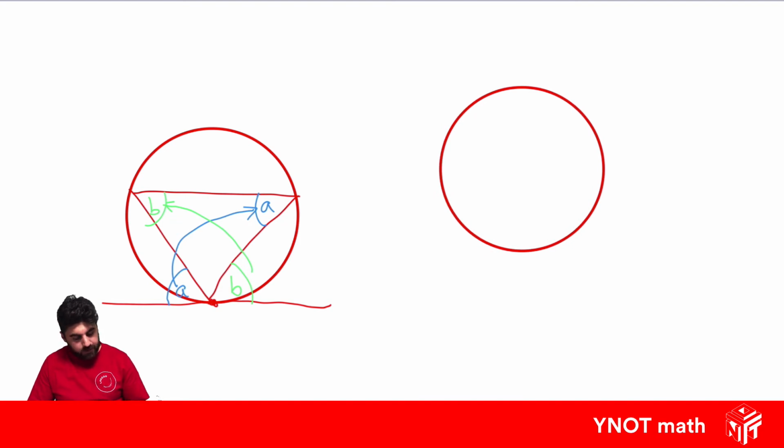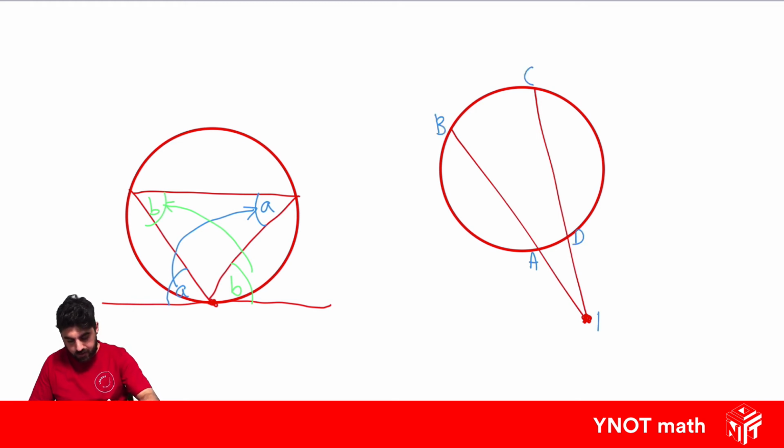Okay. This time let's draw two secants going to an external point. So we have some external point here, and we've got two secants that we've drawn in. So let's call this A, B, C, D, and the external point P, where these are the points on the circumference where the secant goes through.